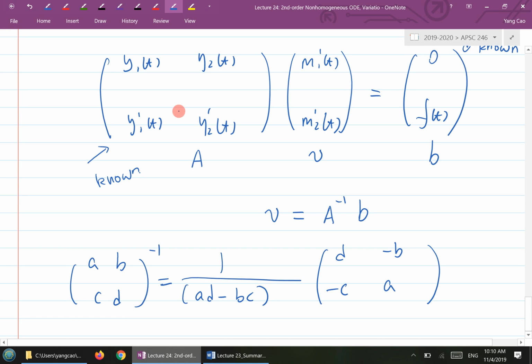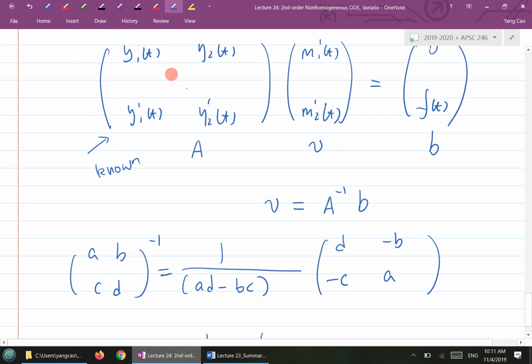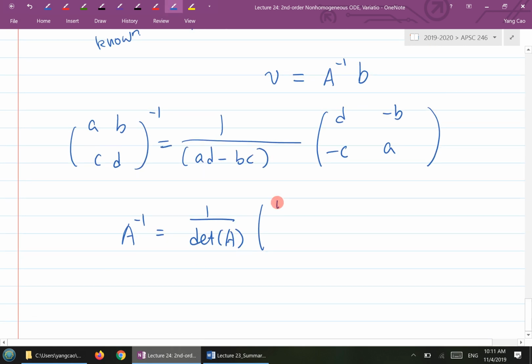So in this case, A is this one here. The matrix A inverse should be 1 over the determinant of A, and then if I apply this formula, I'm going to swap these two and add a negative to these two. So y2 prime, y1, negative y2, negative y1 prime.